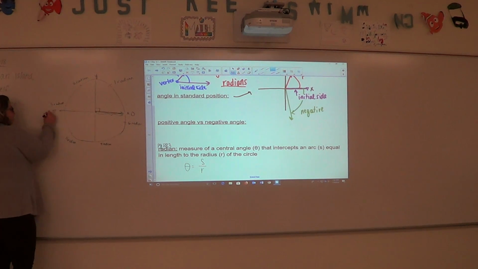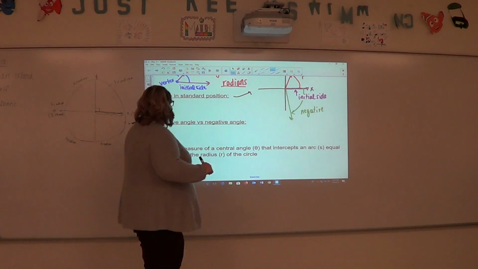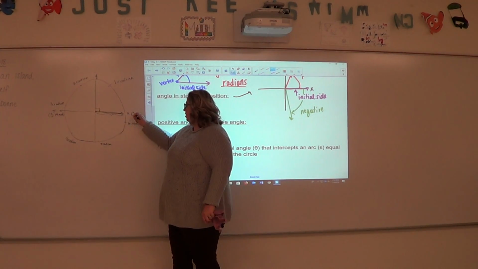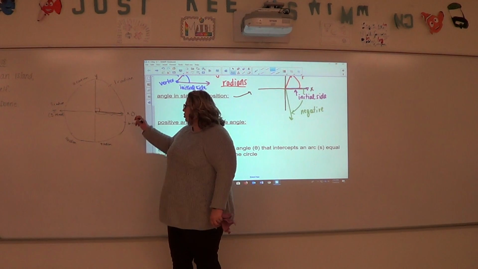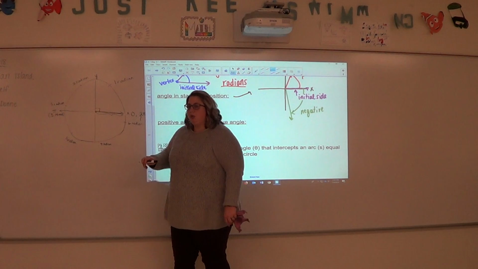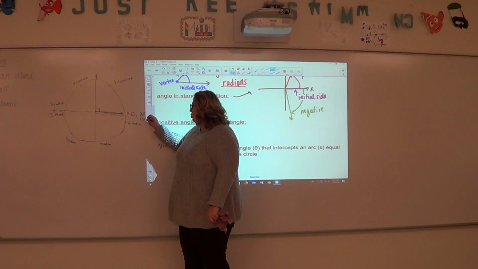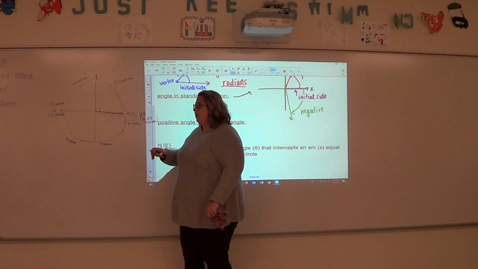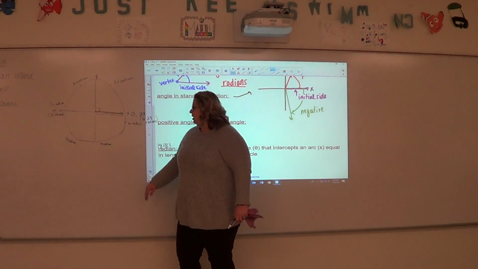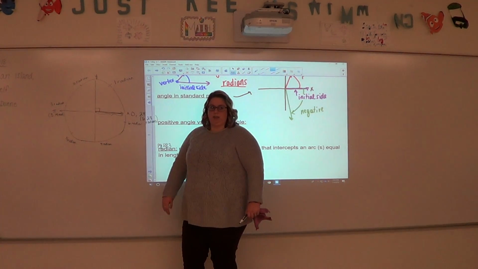So this is 3.14 radians. If that's pi, what's a full circle? 2 pi, which is 3.14 times 2, that'd be 6.28 radians. Which makes sense, if this is 3, 3.14 is going to have to be past it. There's 6.28.